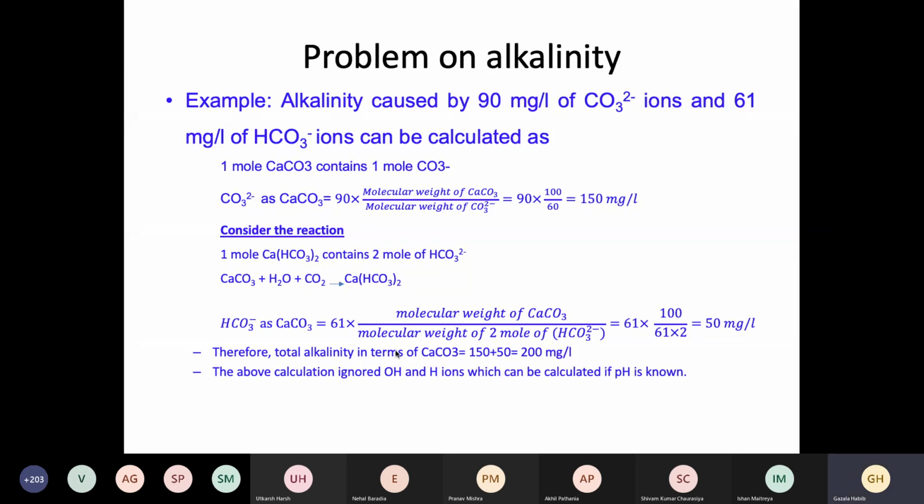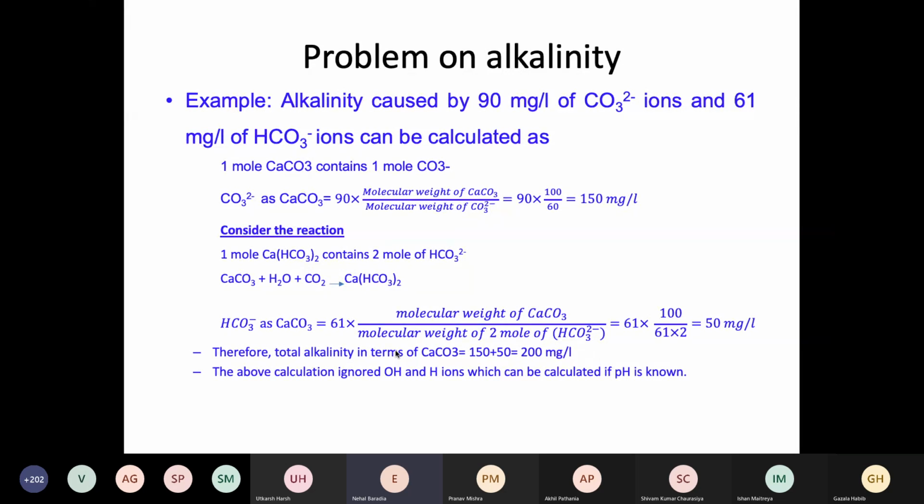No, ma'am. I was saying that we define alkalinity by how much H plus ion it can neutralize. In the case of CaCO3, if I react it with H plus, it will consume 2H plus or 1H plus.